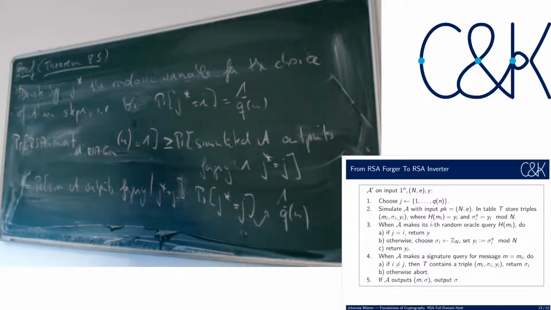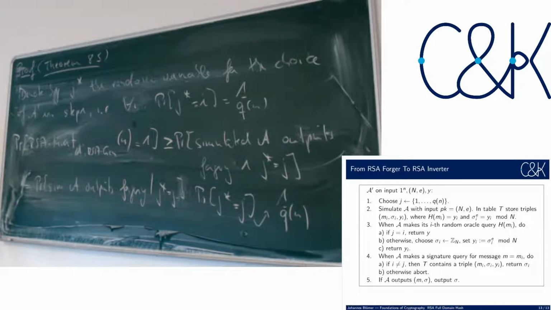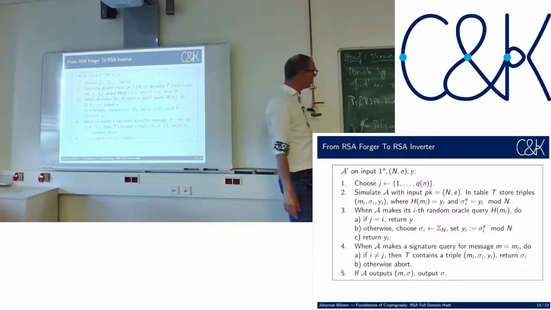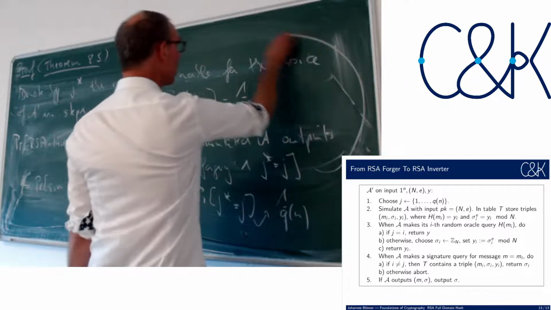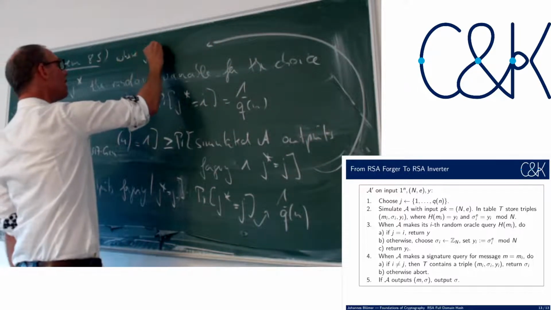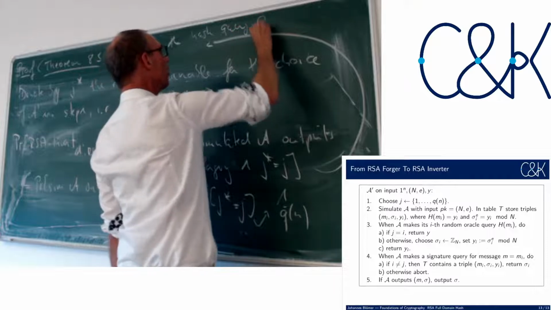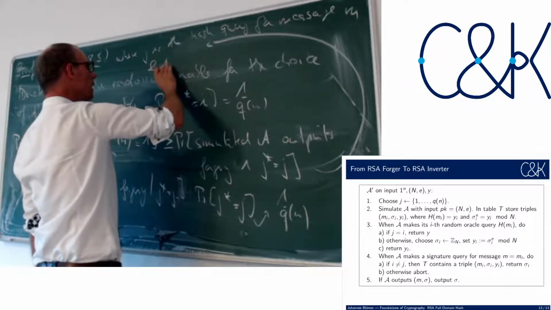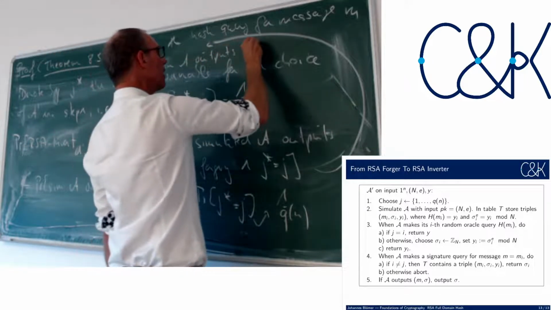Now this here is conditioned on picking the right thing, by which I mean, sorry, I forgot this here, where J is the cache query for message M and simulated A outputs M comma sigma.